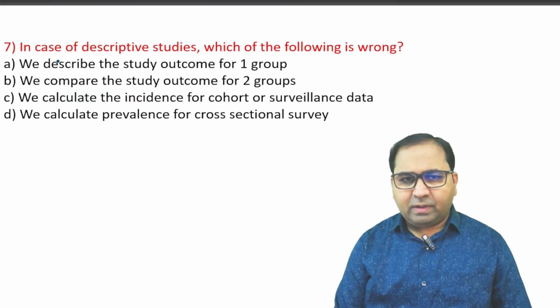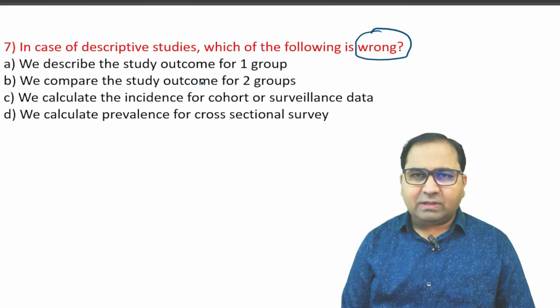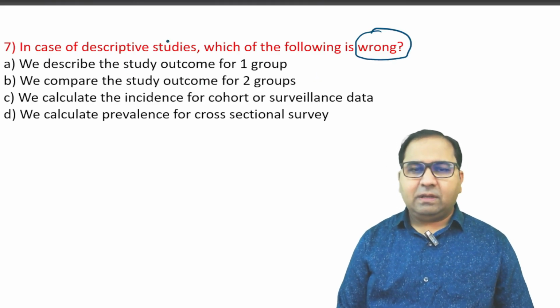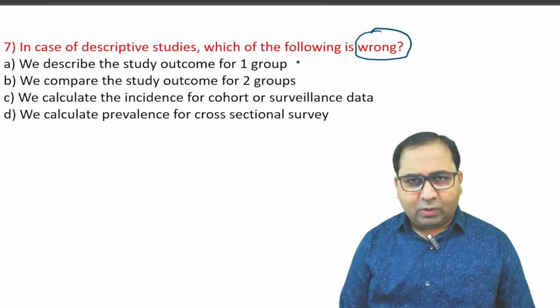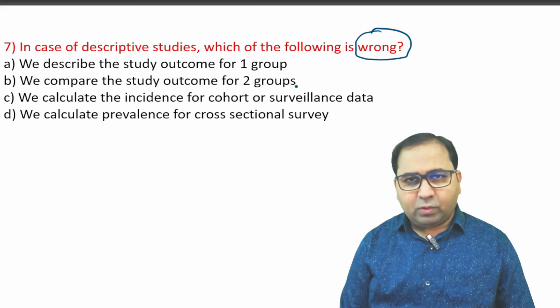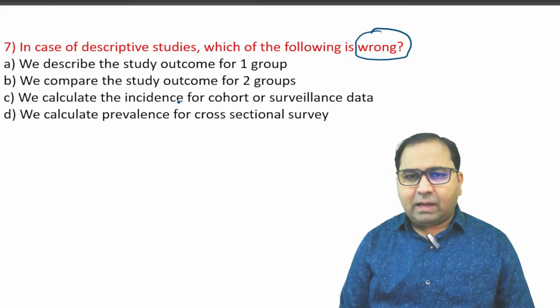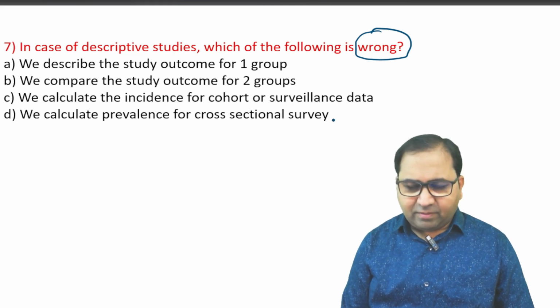The next question now. In case of descriptive studies, which of the following is wrong? So that means 3 statements are correct, 1 is wrong. Let us see the statements. A, we describe the study outcome for one group; B, we compare the study outcome for 2 groups; C, we calculate the incidence for cohort or surveillance data; or D, we calculate the prevalence for cross-sectional survey.